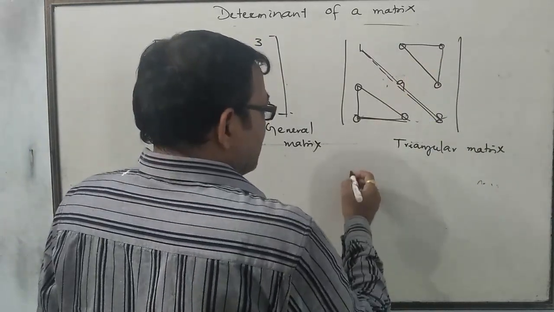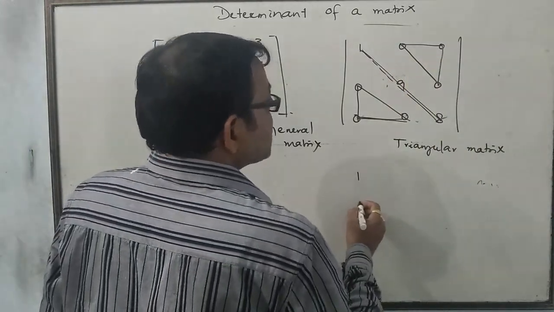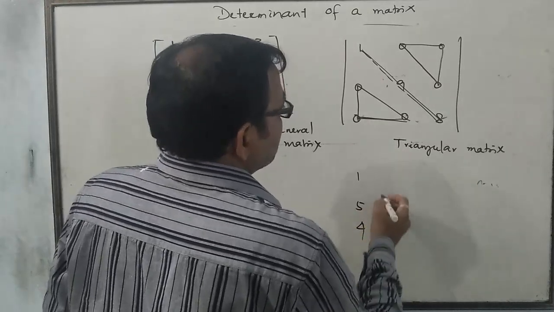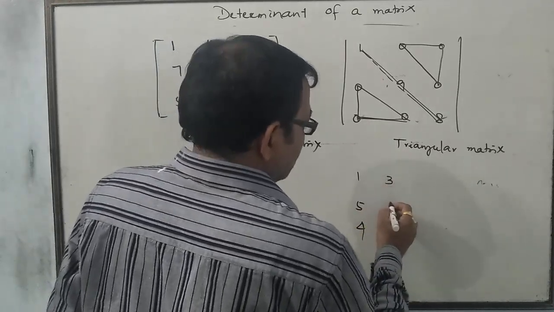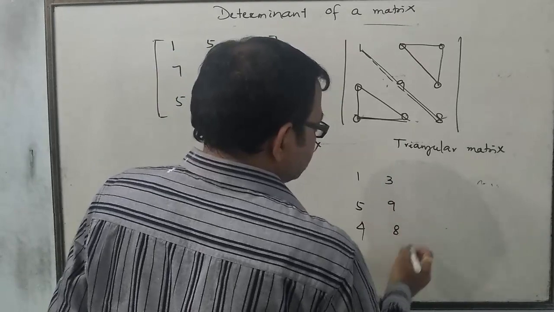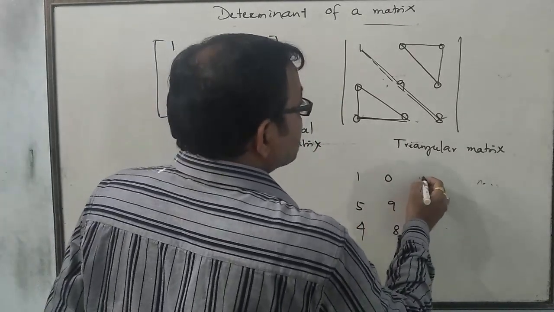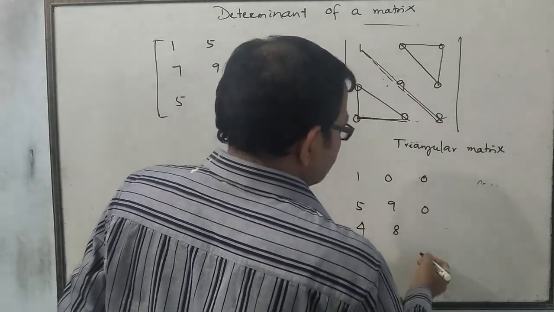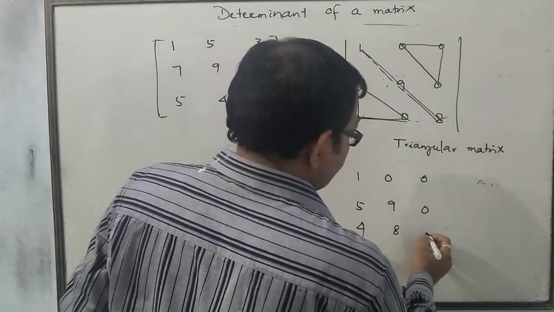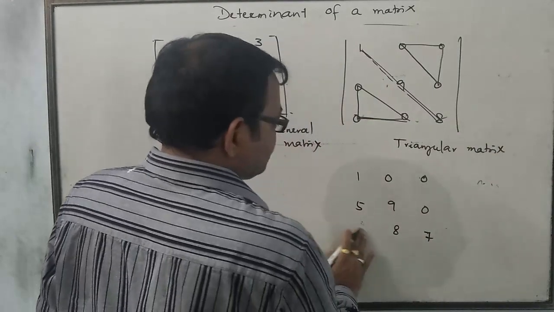So what can be said about this matrix? If I say 1, 5, 4, 3, 9, 8, and I'm talking about 0, 0, 0 here, and here is 7.